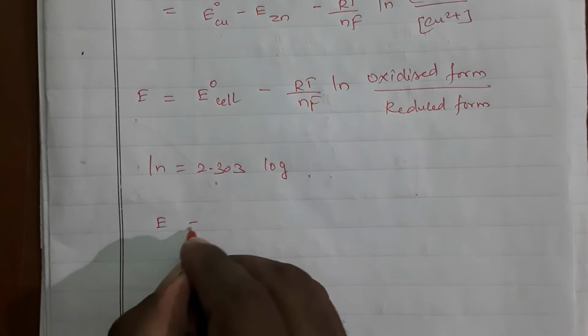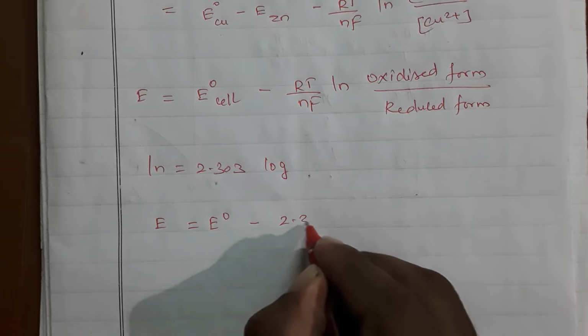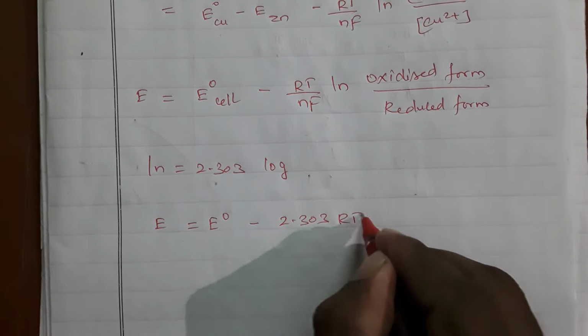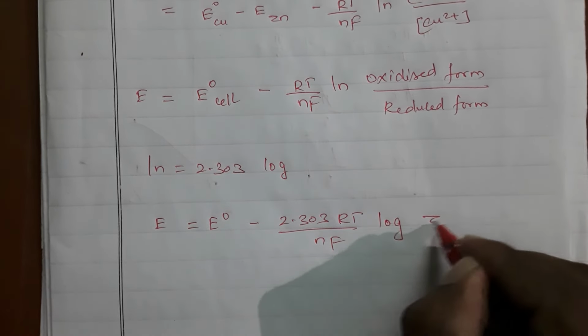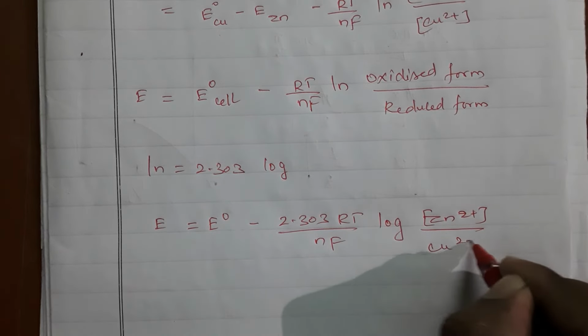Then E is equal to E naught minus 2.303 RT by nF log of zinc 2 plus by copper 2 plus.